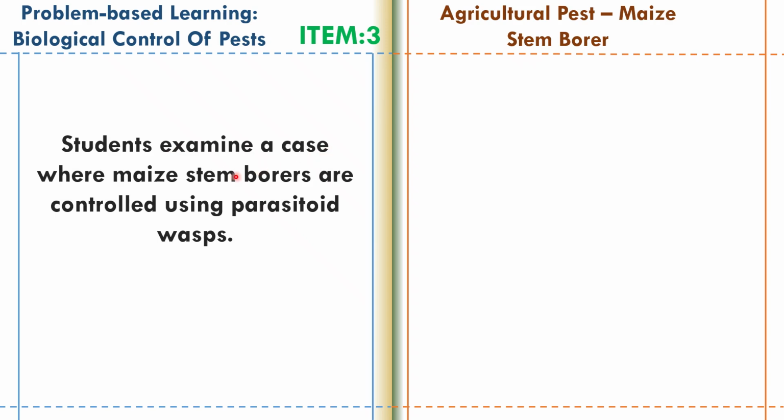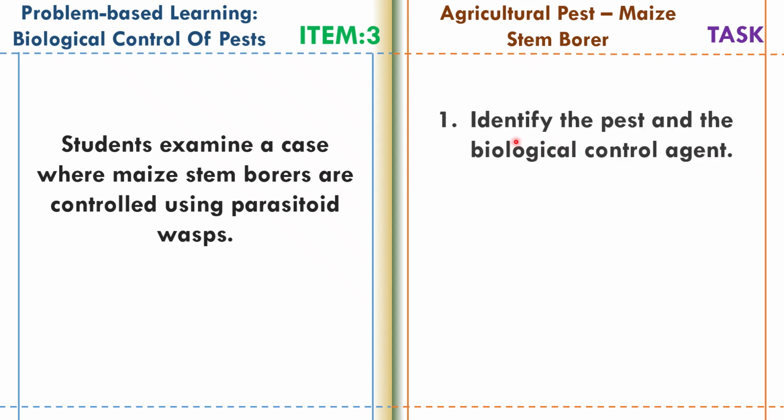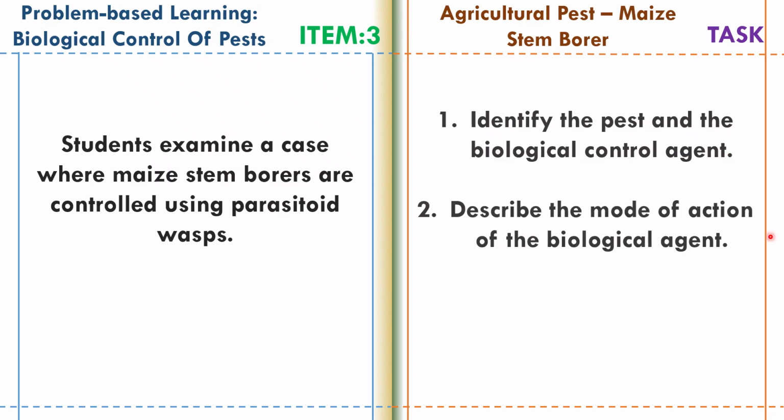Students examine a case where maize stem borers are controlled using parasitoid wasps. Task: identify the pest and the biological control agent. Describe the mode of action of the biological agent.